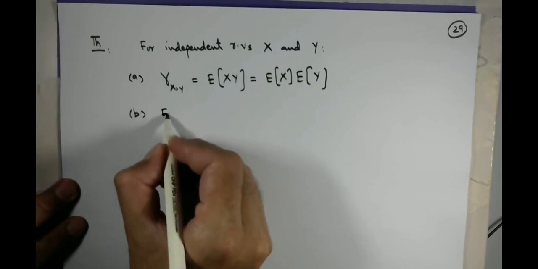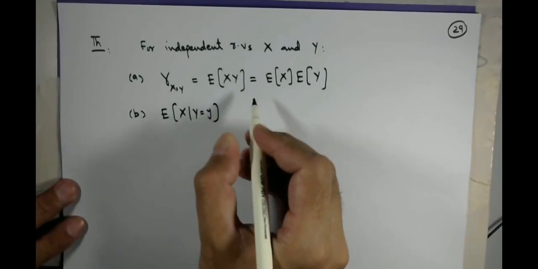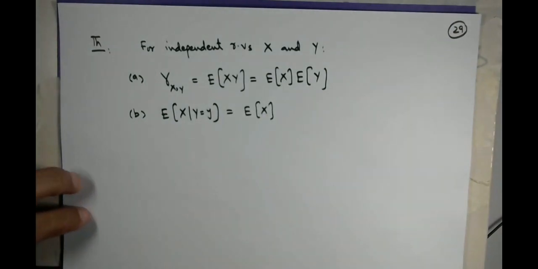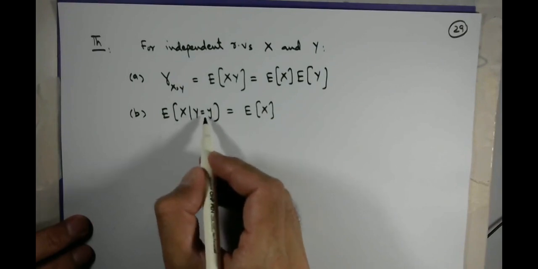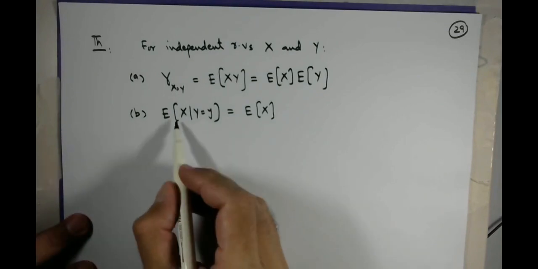In B, the expectation of x given y is equal to y is now nothing but the expectation of x, because we see that if x and y are independent, the occurrence of y does not affect the probability of occurrence of x.